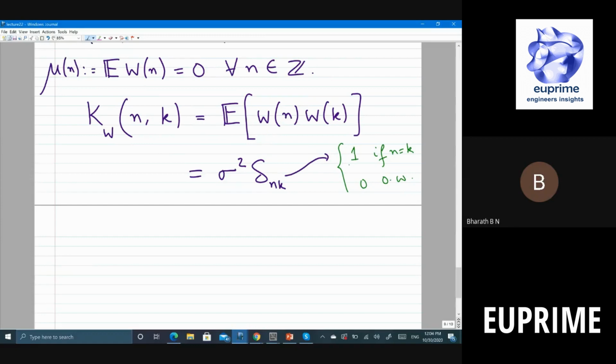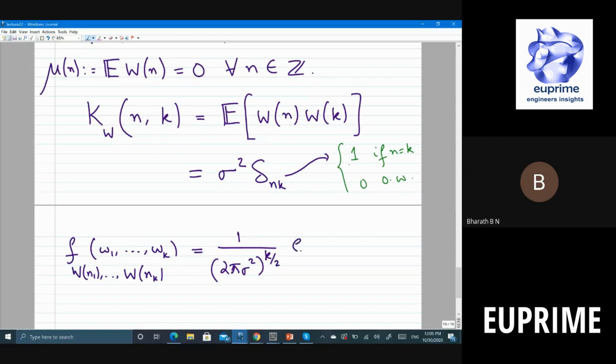So now how do you write the joint density? It's pretty easy, right? If you take the joint density of k random variables, let's say W of n1 and so on, W of nk, at w1, etc., wk, this is simply 1 by 2 pi sigma squared whole power k by 2. There are k random variables.